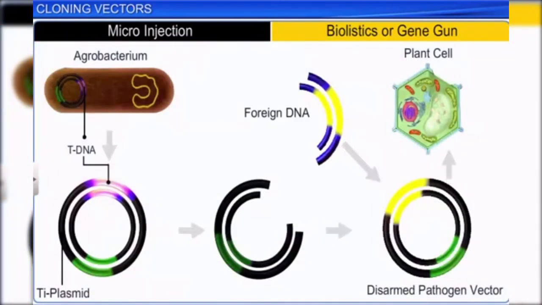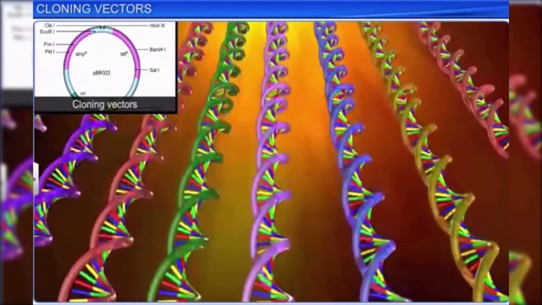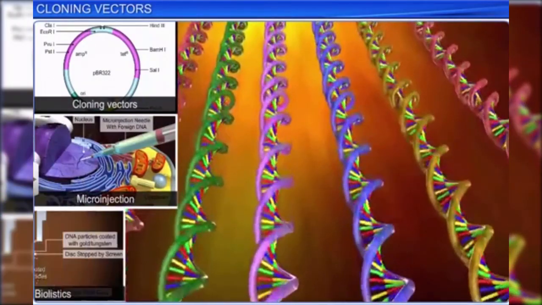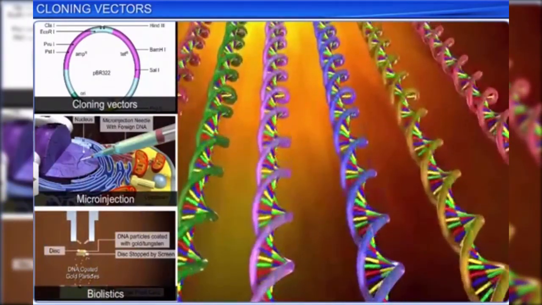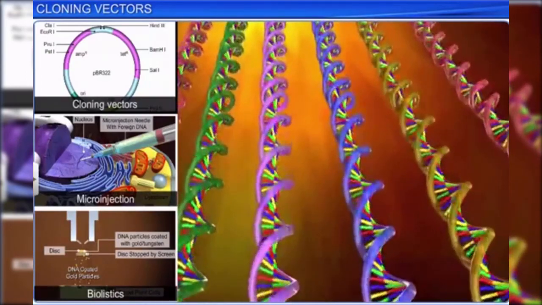This method uses disarmed pathogen vectors, which, when allowed to infect the cell, transfer the recombinant DNA into the host. The use of cloning vectors and methods such as microinjection and biolistics are crucial in genetic engineering as they help create genes of human and scientific interest.